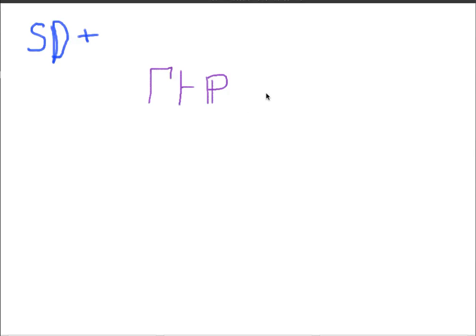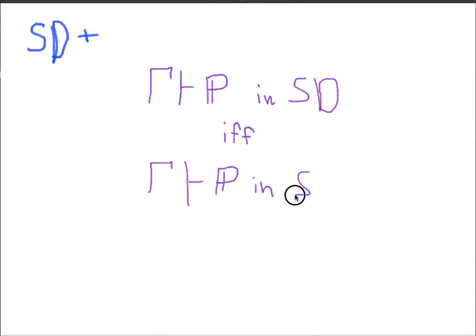One of the things we'll have to keep in mind is the extra rules that we add don't give us any power. In other words, a sentence P is derivable from gamma in our regular system SD if and only if P is derivable from the same set gamma in SD+.